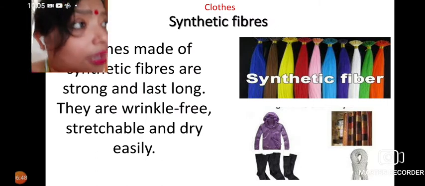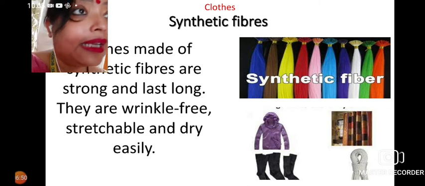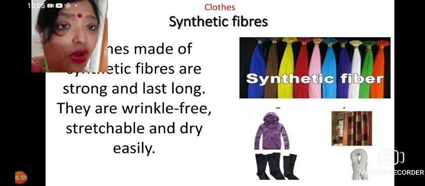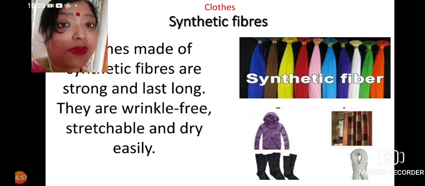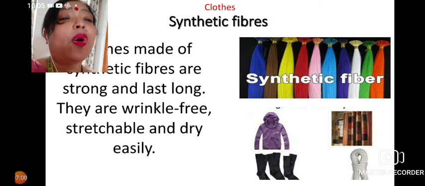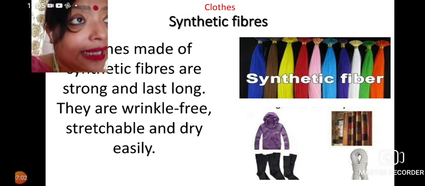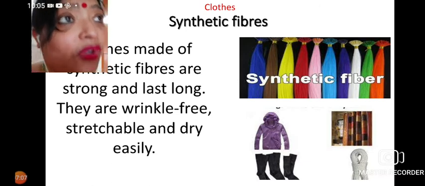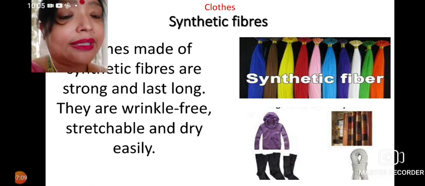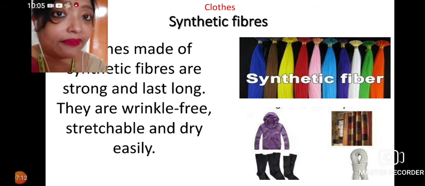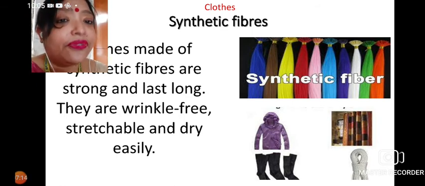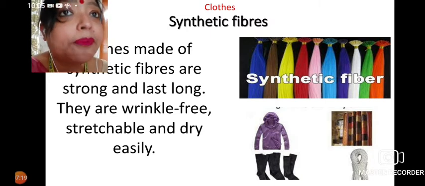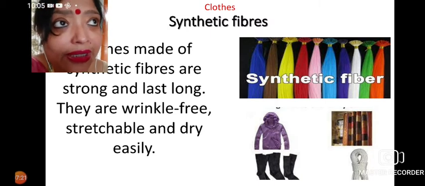These are strong, as I had told you, due to their hardness, and also they have longevity, that means they last for a longer period of time. Another very important thing: if you wear synthetic cloth, you can see it is wrinkle free. When we wear a cotton dress, we need to iron it properly, otherwise we can't wear it outside.